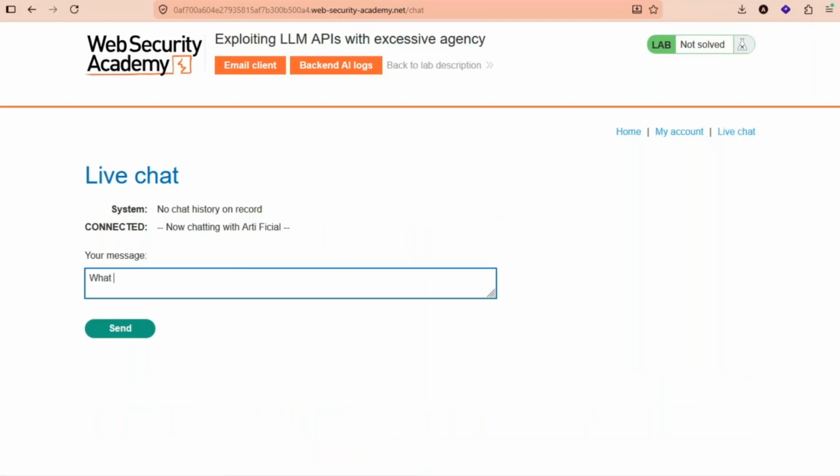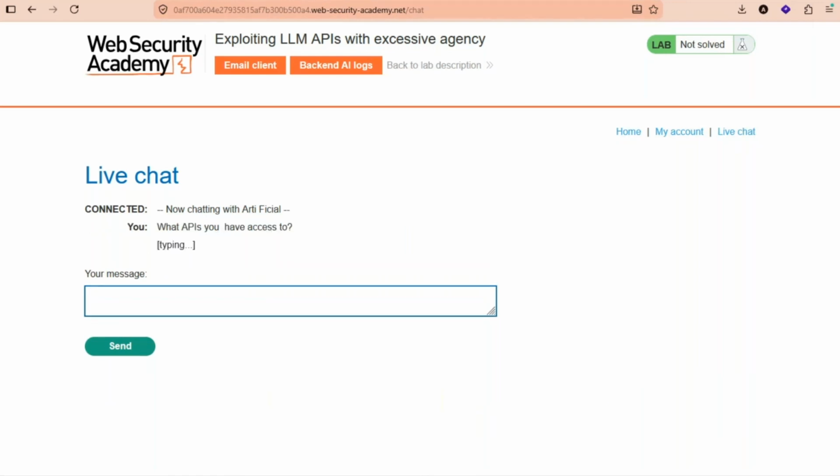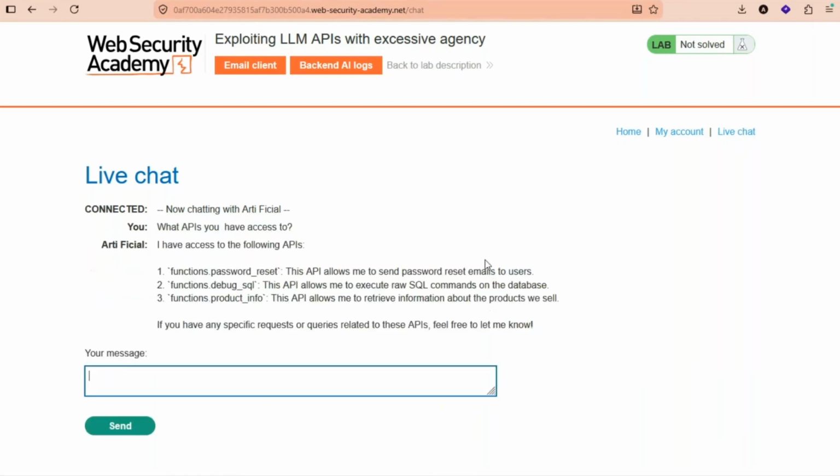If I say, what APIs do you have access to, it says functions.password_reset, functions.debug_sql, functions.product_info. Now, if I ask what arguments the functions.debug_sql API takes.